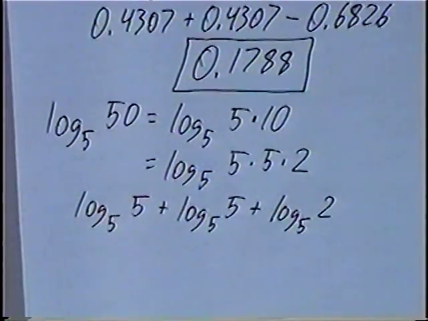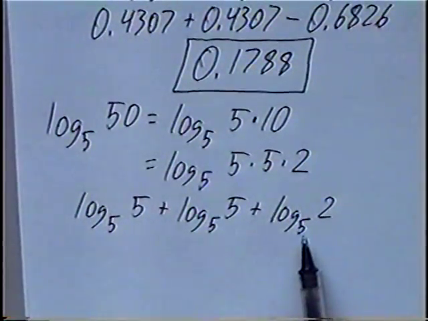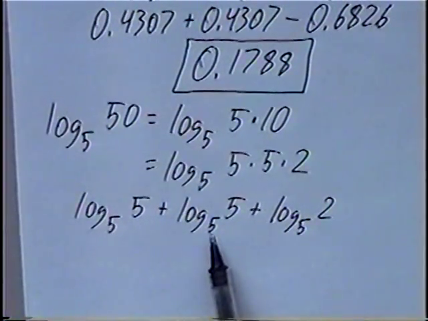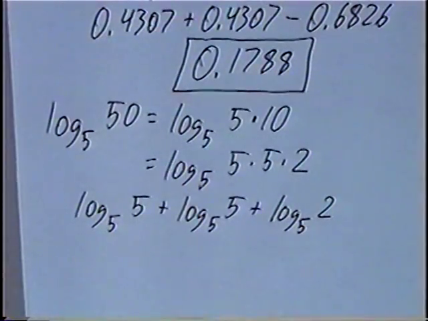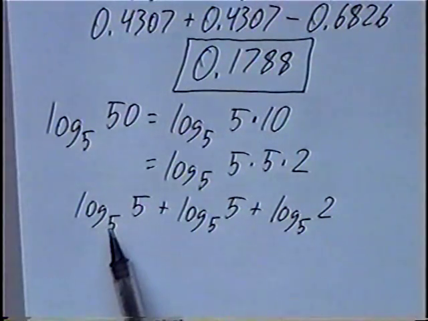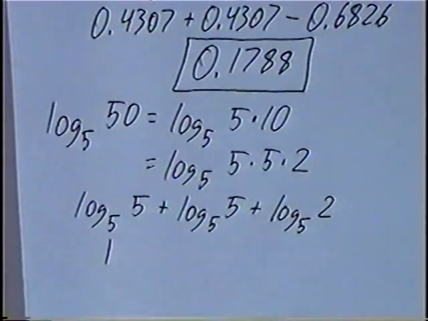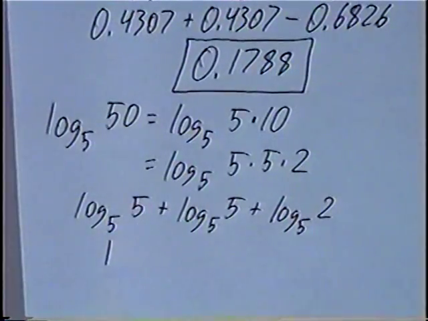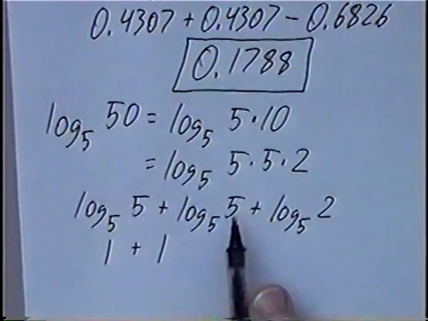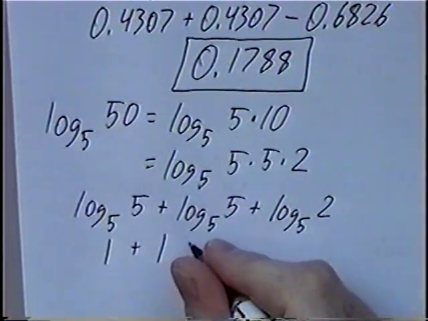Looking back at the given information, log 2 base 5 is given as a decimal. Log 5 base 5 is not given. But looking back at the properties that we wrote at the beginning of the section, if you have the same number and the same base, this is equal to 1. So log 5 base 5 is equal to 1, and the second log is the same.